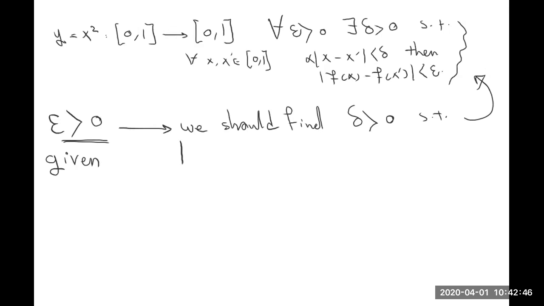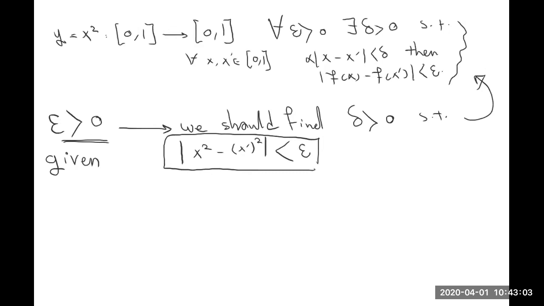But because f of x is x squared, and f of x prime is x prime squared, we want this thing to be less than epsilon. That's what we want to happen. We know x squared minus x prime squared is equal to x minus x prime times x plus x prime, right?